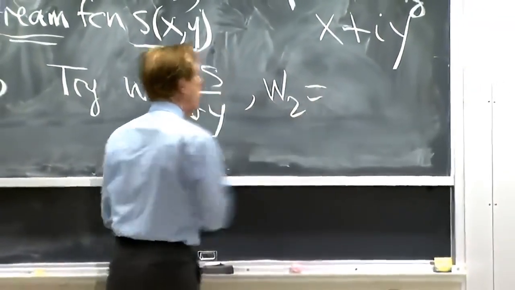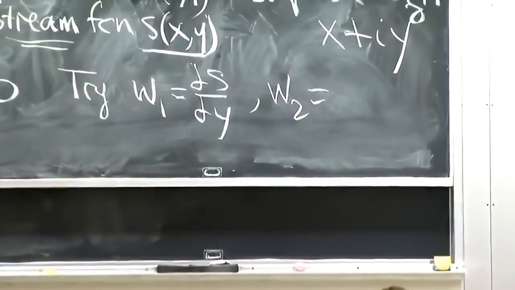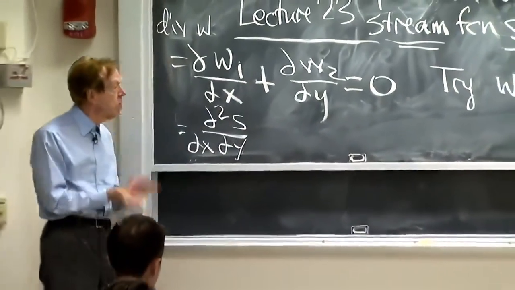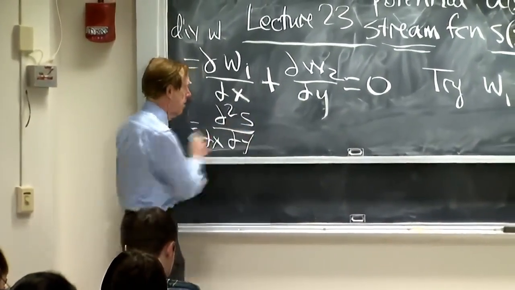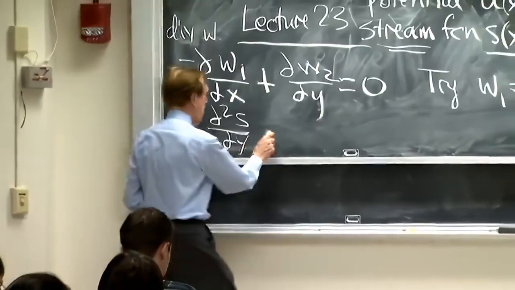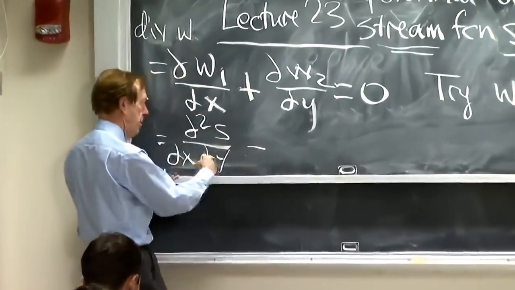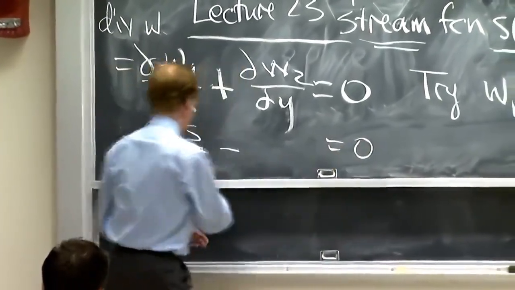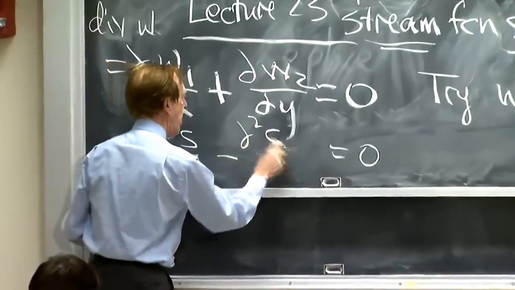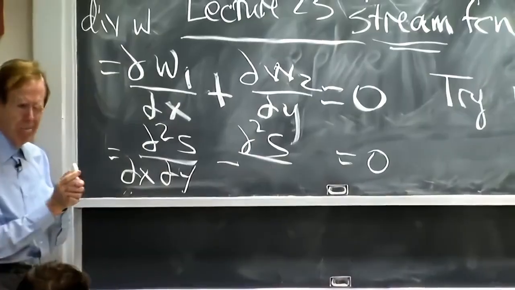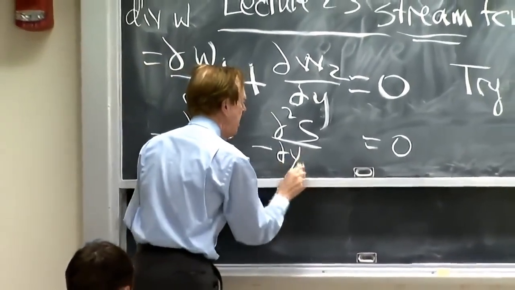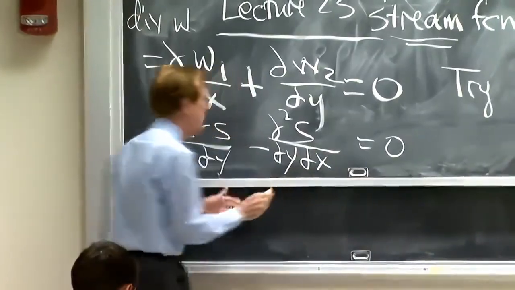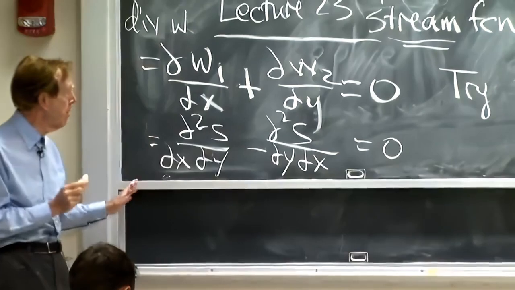Well, it's whatever it takes to cancel this. In other words, I want to get 0, so this should be the second derivative of s, dy dx. I'm using the same very crucial fact that the cross derivative can be in either order.